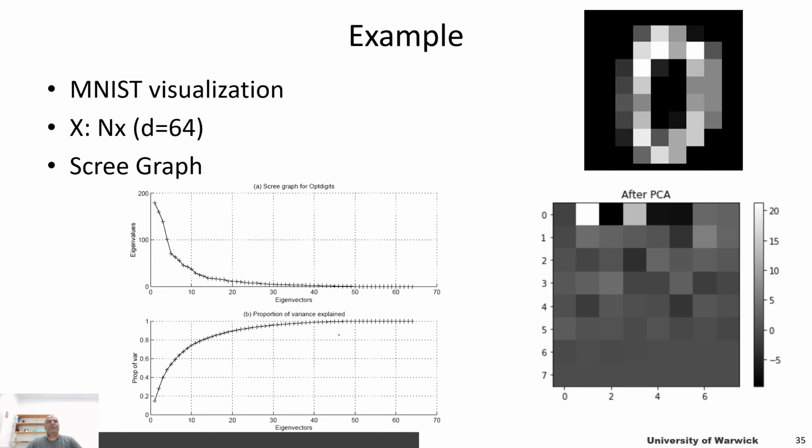And we can use dimensionality reduction, right? One of the reasons we want to do dimensionality reduction of a given data set is for visualization. Let's say we've got a data set of numbers, and each number is expressed as an 8 by 8 image. So the number of dimensions in this data set is going to be 64.